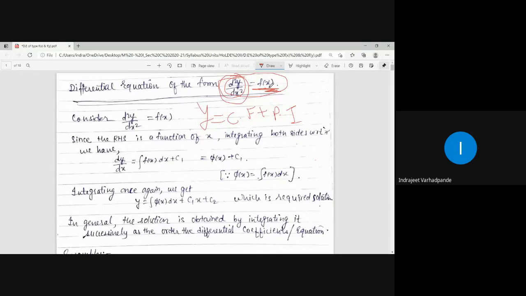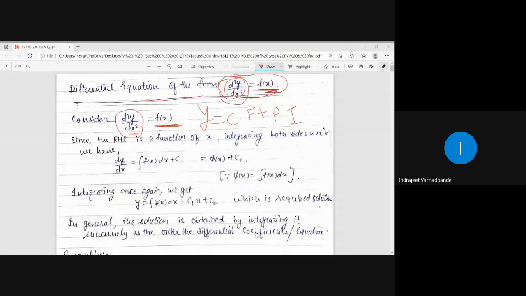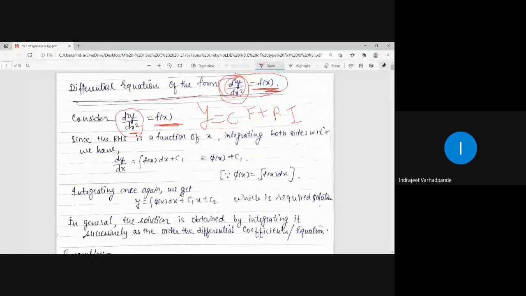So in general, I can say that this is a differential equation of the form second order differential coefficient of dependent variable y with respect to independent variable x, and RHS is a function of the independent variable. So it will be categorized into the form d2y by dx square is equal to f of x.